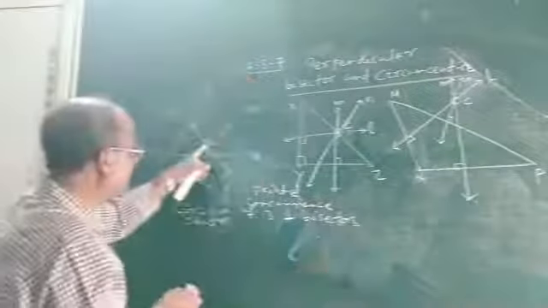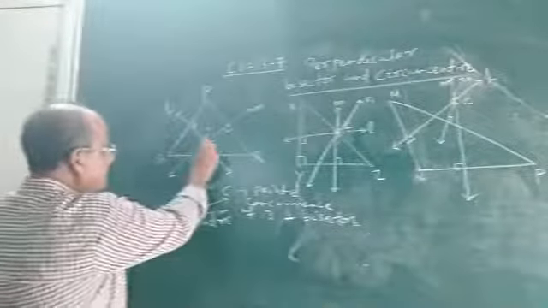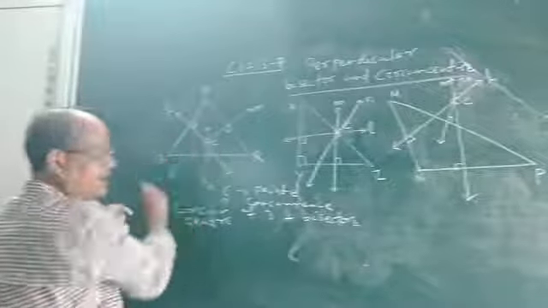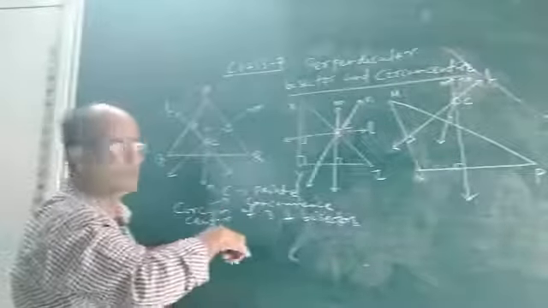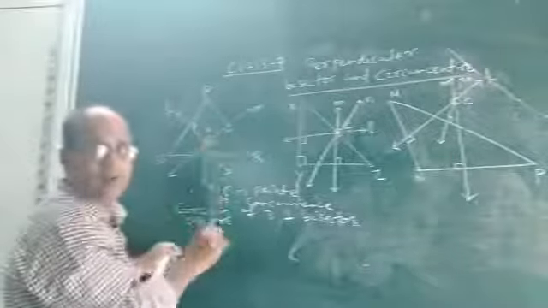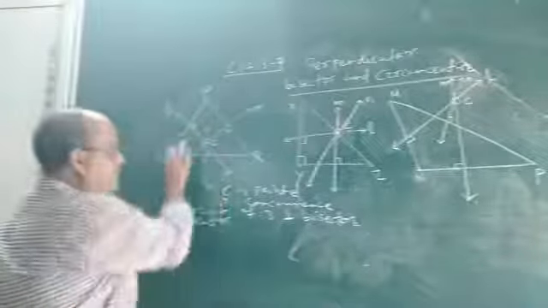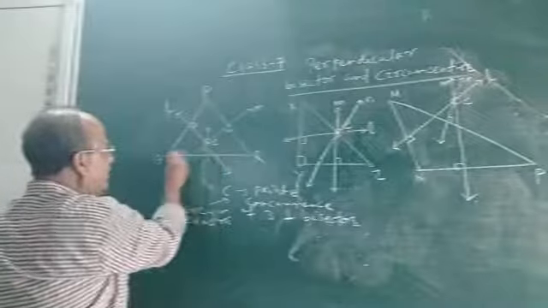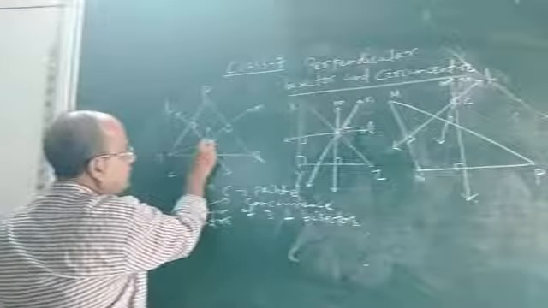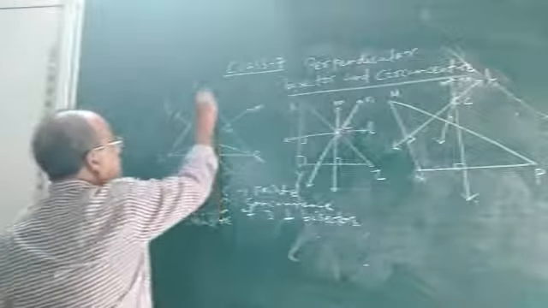Let us see. In this acute triangle, see children, C is what? C is your circumcenter, because it is the point of concurrence of the three perpendicular bisectors of the three sides. Now what you do, you join CQ, CR and CP.